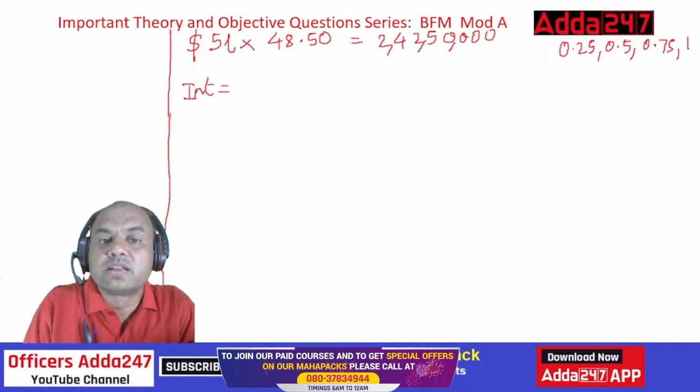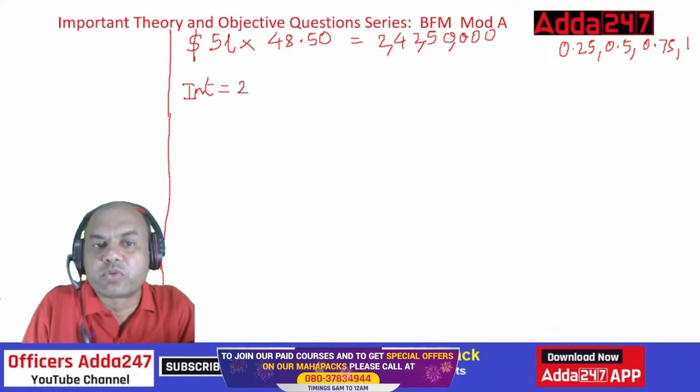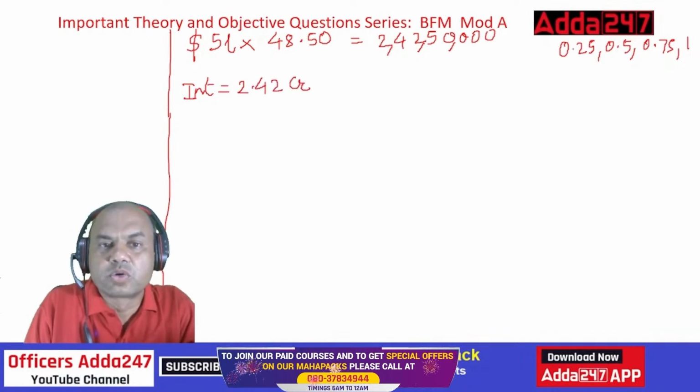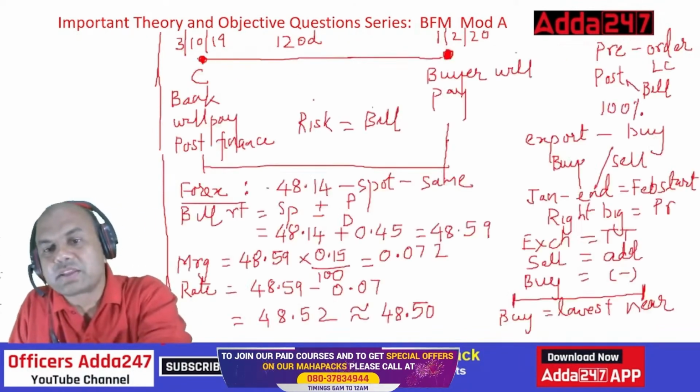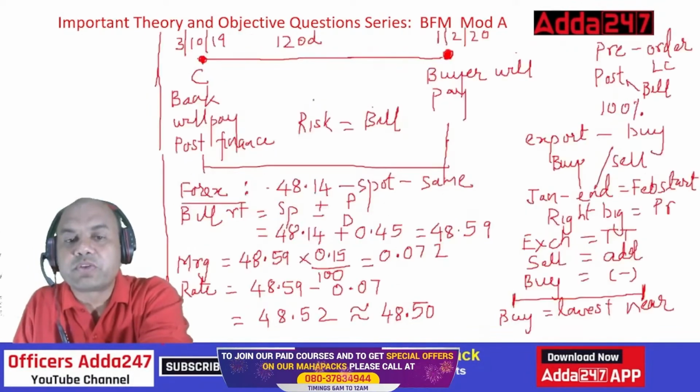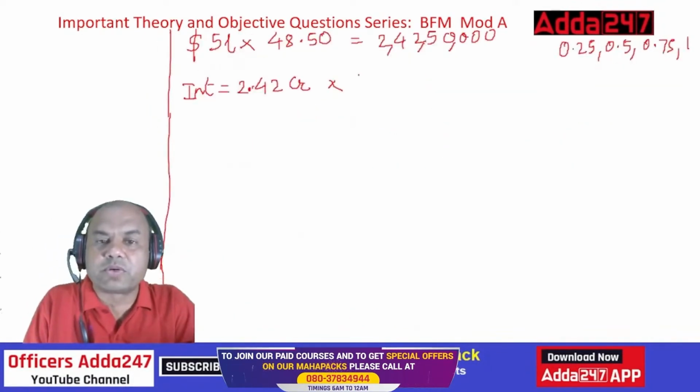So interest equals, I'll just write it as 2.42 crores because it is very big, 2.42 crores into 8.5 upon 100. This is my interest. Calculate it again.